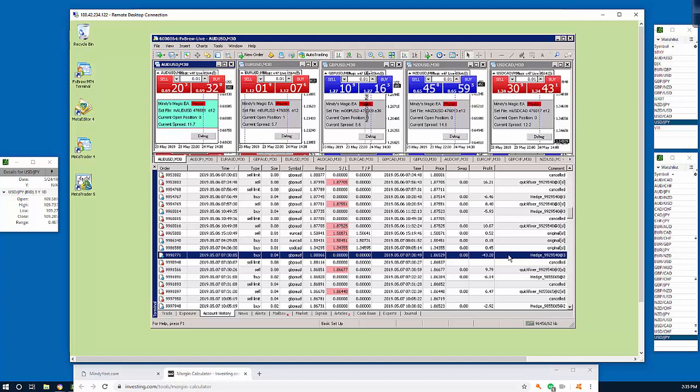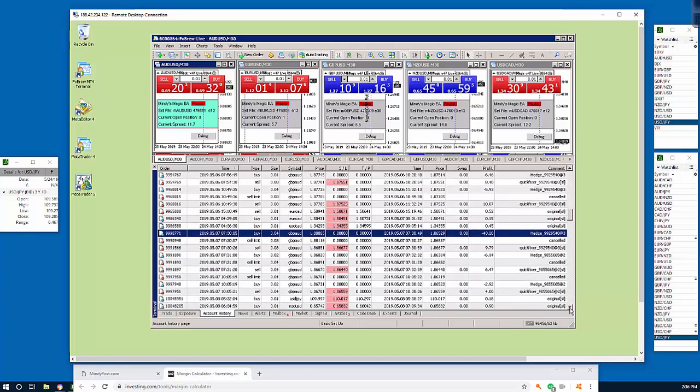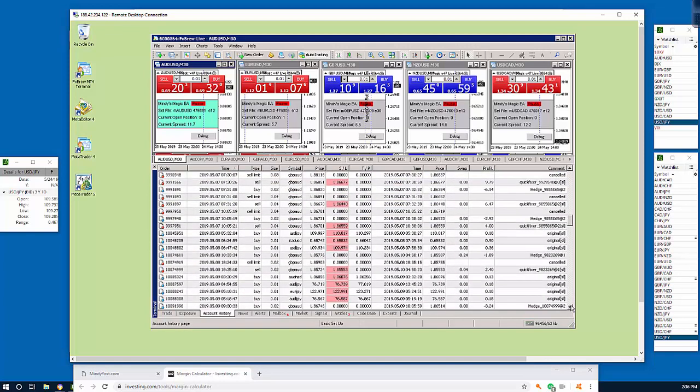And the programming in the EA did exactly what it was supposed to do. The only problem was the quick fixer opened 100 pips or so lower than where it was anticipated to have opened. And so we had a negative situation there. But that was very unusual, and we've since fixed the programming so that will never happen again.